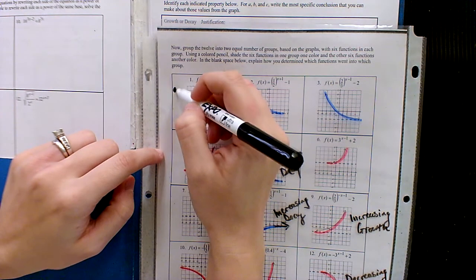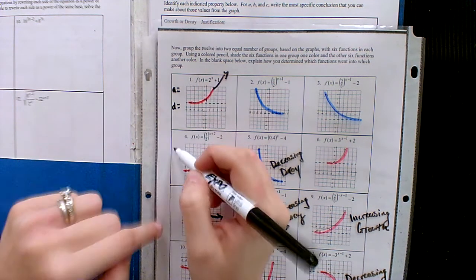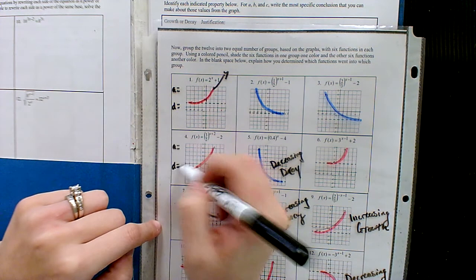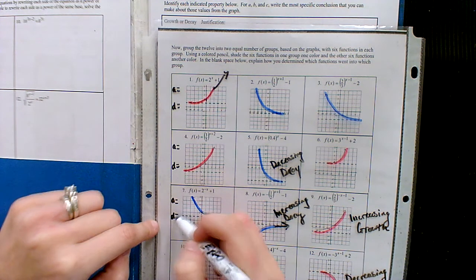So when we look back at these graphs, maybe on the left-hand side, let's go ahead and label what A and D are for each one of these.